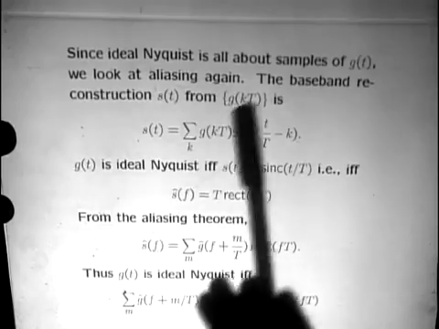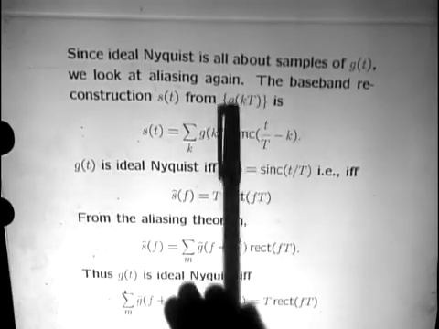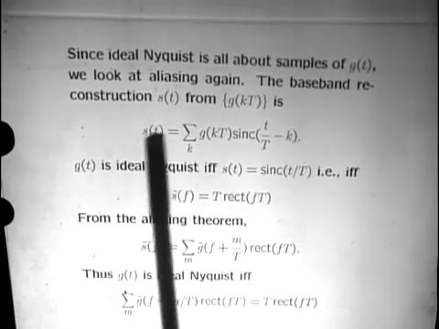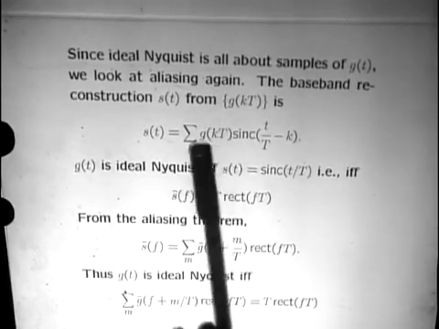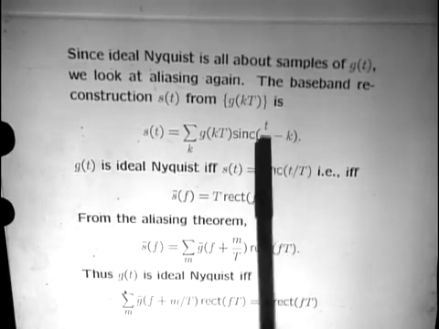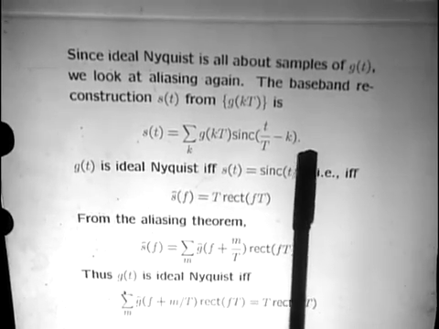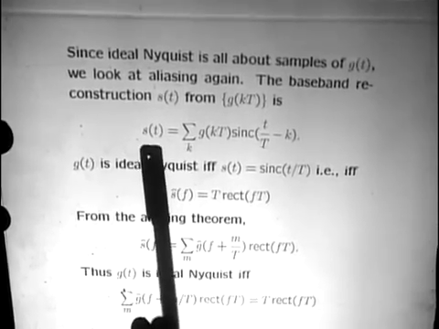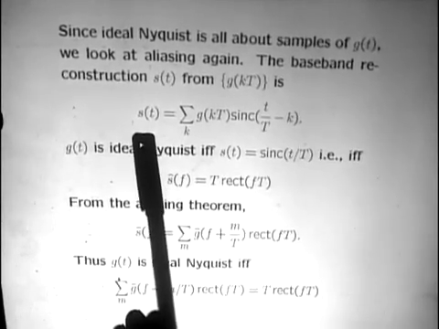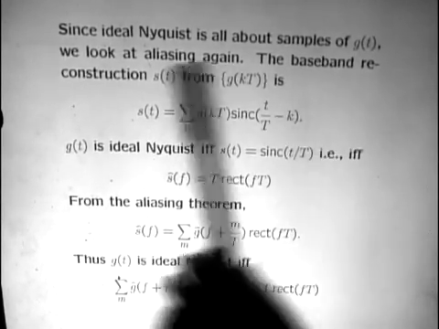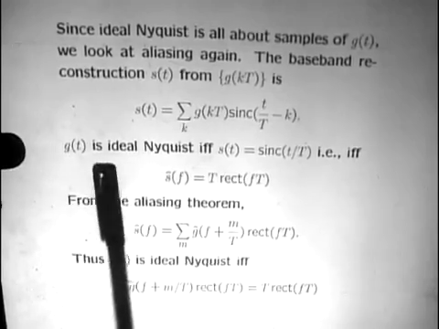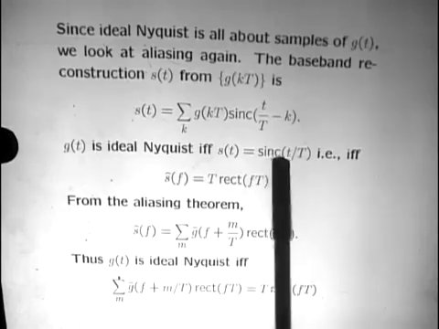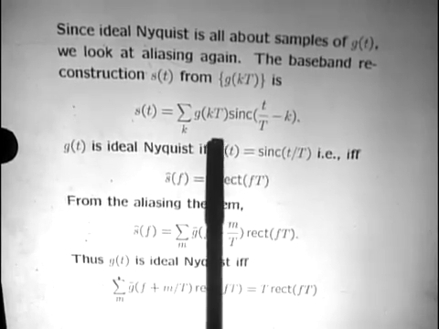If we look at the reconstruction from the samples g(kT) of g, we get this function s(t), which is the sum over k of the samples g(kT) times sinc(t/T - k). That's for an arbitrary filter. This baseband reconstruction, by definition, when we were talking about aliasing, is just this function. We've said that g(t) is ideal Nyquist if and only if s(t) is equal to sinc(t/T). Why is that?